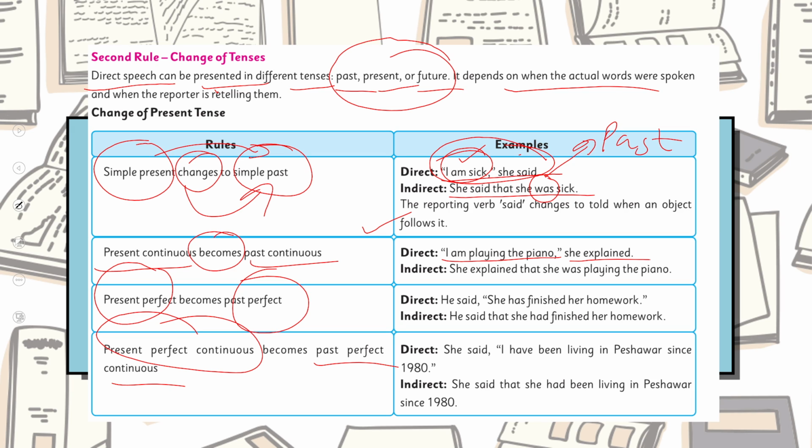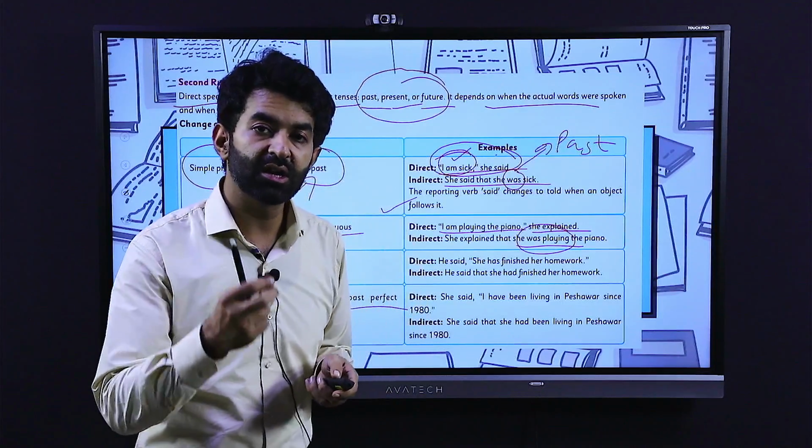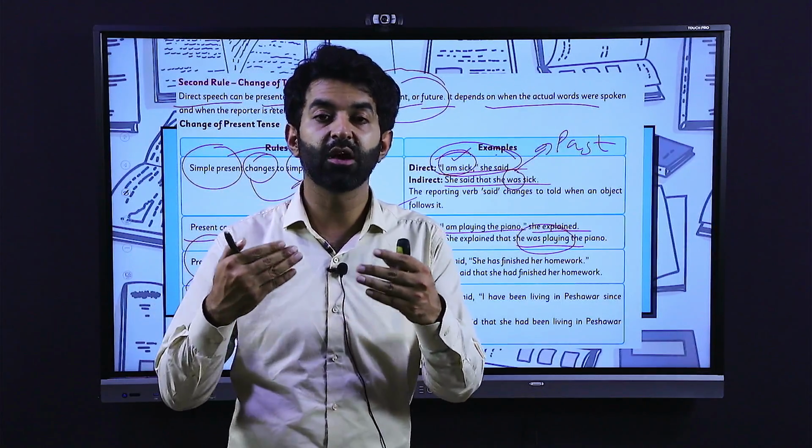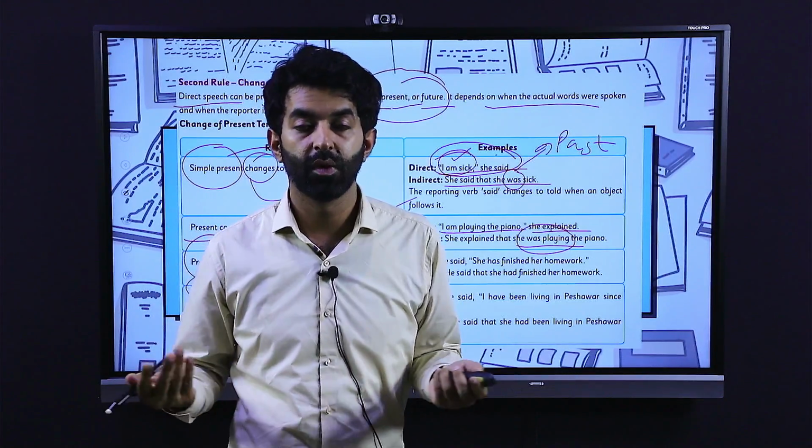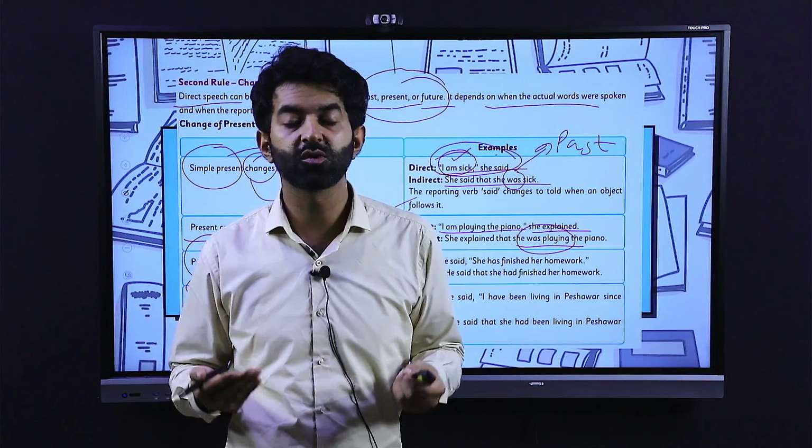You will convert it for the indirect speech. You will say, she explained that she was playing the piano. You actually converted it into the past continuous. And you can read the rest of the examples. The rule is very simple. You have to change the tense. And if it is continuous, then it will always be converted into continuous, for present continuous or perfect as well.